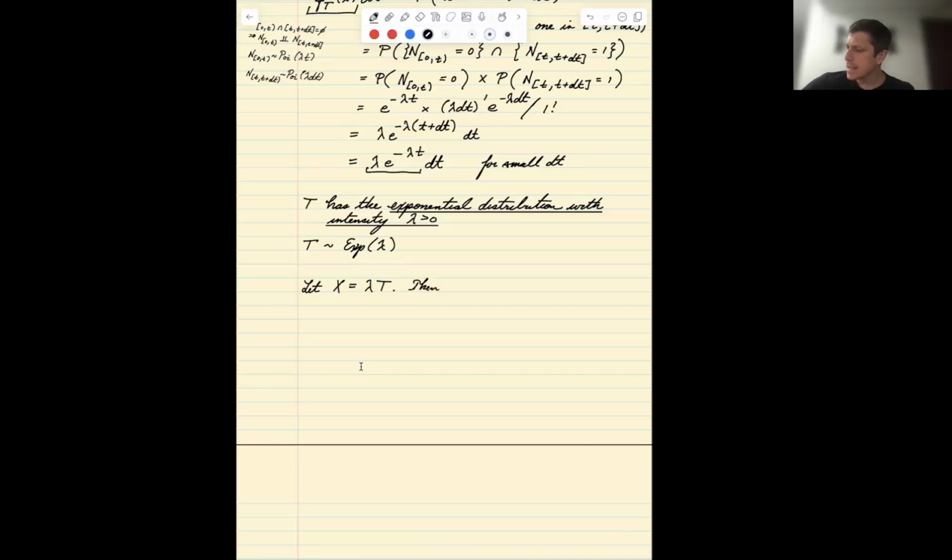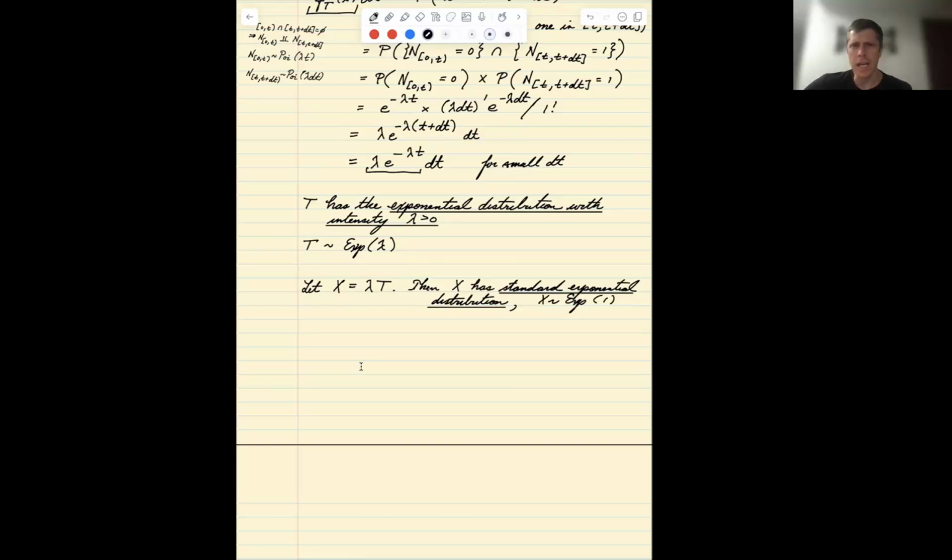Then X in this case has standard exponential distribution. And standard in this case is what's called having unit intensity 1.